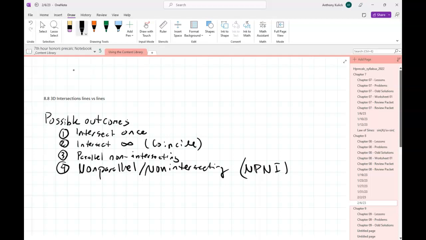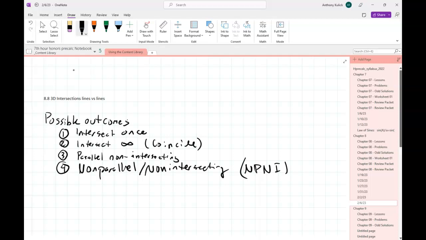Everybody's okay with this? I'm going to make a flow chart to help us figure out what's going on. So the goal in this section, let me backtrack just a second: I'm going to give you two lines, and I want you to tell me what's going on. Are they intersecting, and then give me the intersection? Are they coinciding? Are they parallel but non-intersecting? Are they non-parallel, non-intersecting?